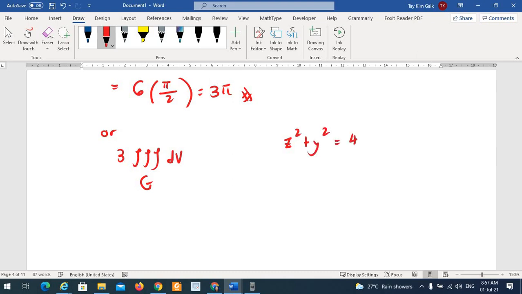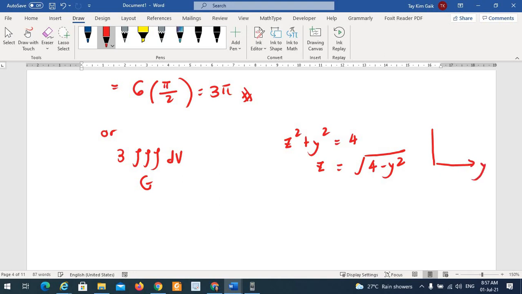If for dv you want to use dz dy dx, then make z the subject, which is the square root of 4 minus y squared. And then for the projection, if you use dz dy dx, you need the projection on the xy plane.